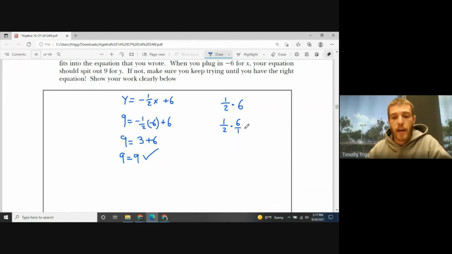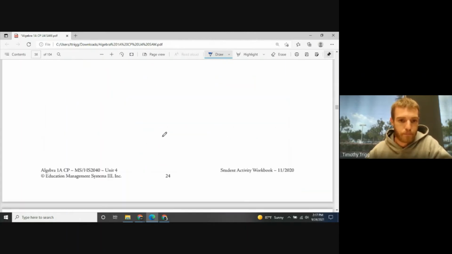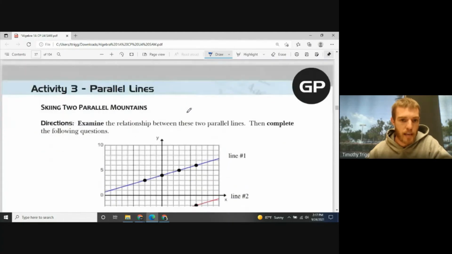And when you multiply fractions, you simply multiply the top times top, so 1 times 6, and then the bottom times the bottom, 2 times 1. And then 6 over 2 is just 3. Notice we got the same answer there, 3. A lot of times when I'm doing times 1/2, I just think what's half of that number, and that's accurate as well. So that would be 3. And just remember, negative times a negative makes positive.